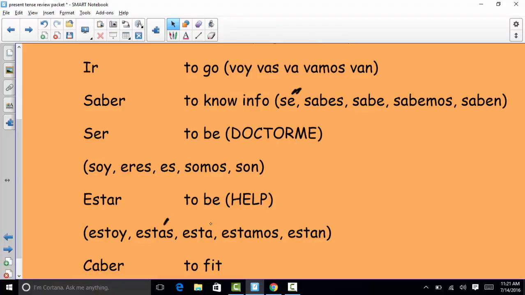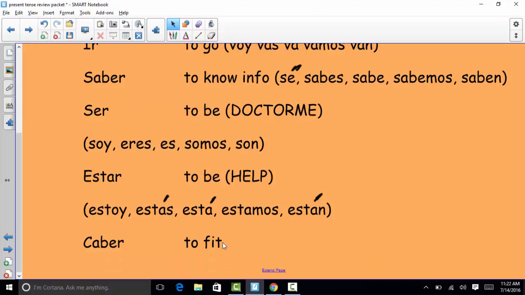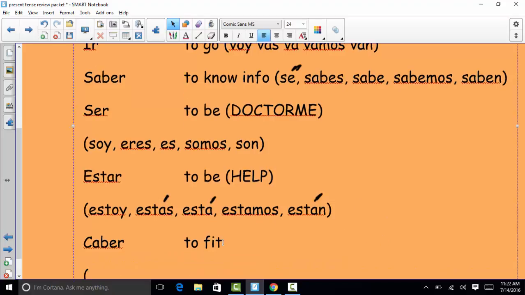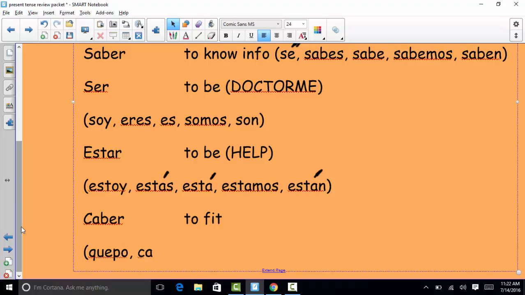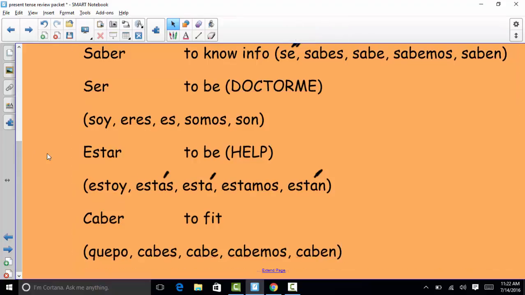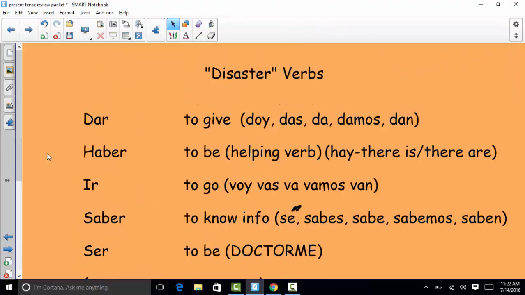And some of these A's have accents on them. And then your last one's just irregular because the yo form is quepo. It's very strange. Quepo, and then the rest are normal. Cabes, cabe, cabemos, y caben. Ya está. Those are your disaster verbs.